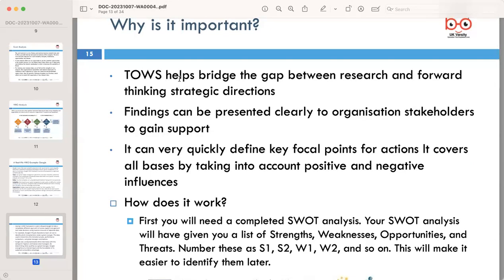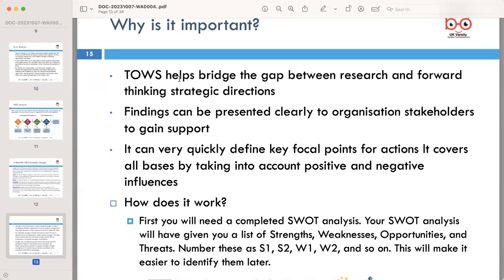It allows findings to be presented clearly to organizational stakeholders to gain support. TOWS swiftly defines key focal points for action while considering positive and negative influences.